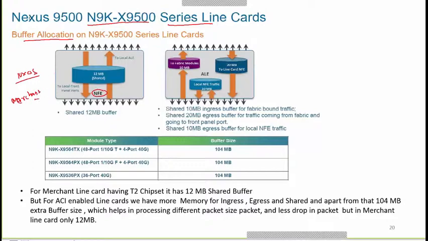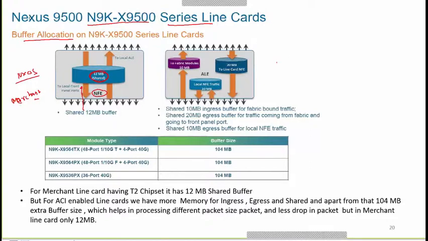The merchant line card supports 12 MB shared memory. That means your ingress traffic and your egress traffic will use the 12 MB shared buffer.